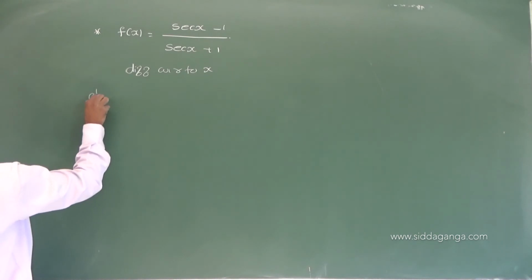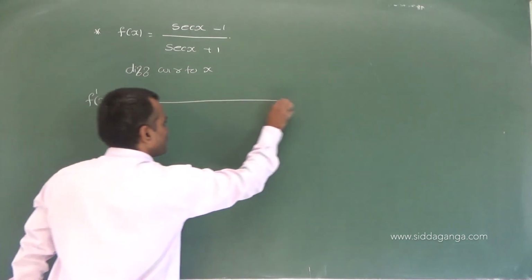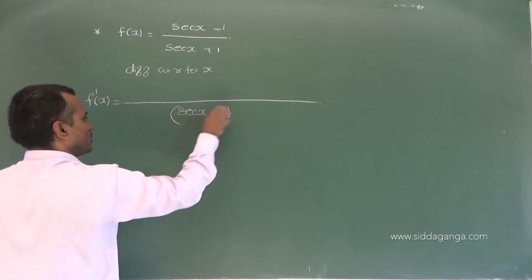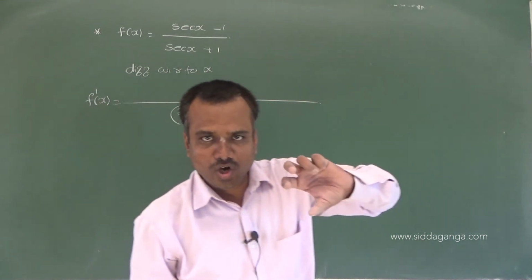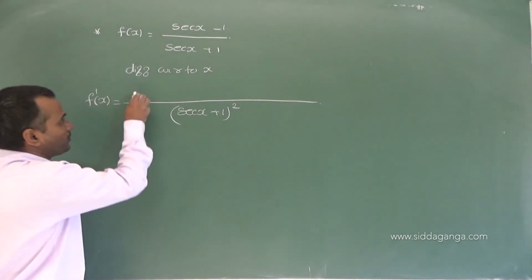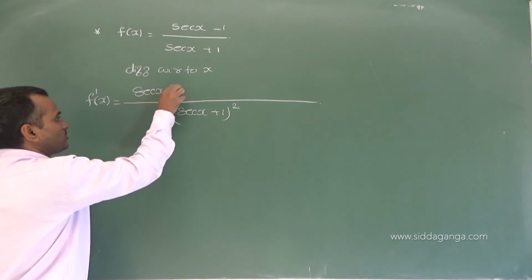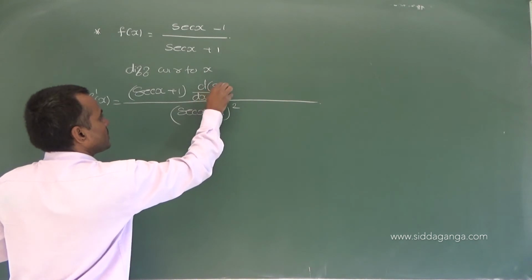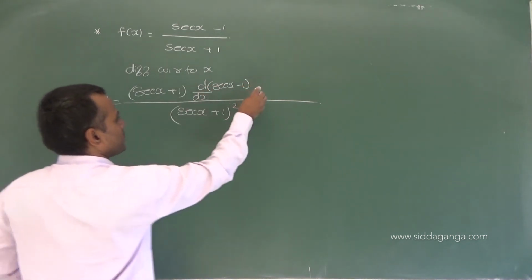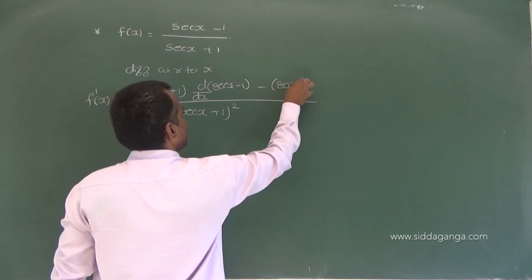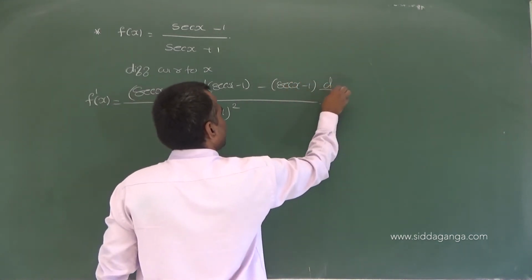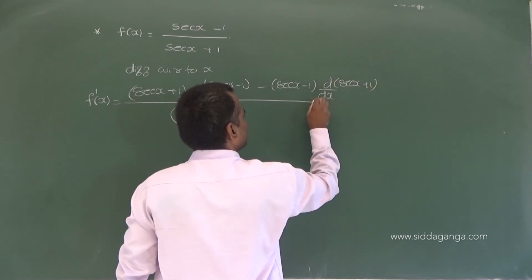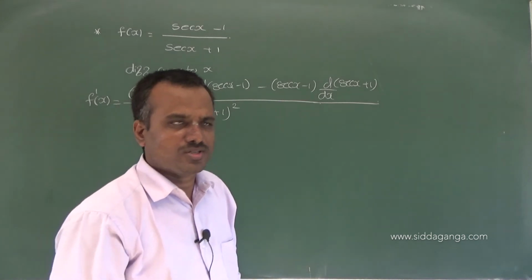f of x with respect to x is f dash of x. Secant x plus 1 whole square. Denominator square, denominator into d by dx of secant x minus 1, minus secant x minus 1 into d by dx of secant x plus 1.